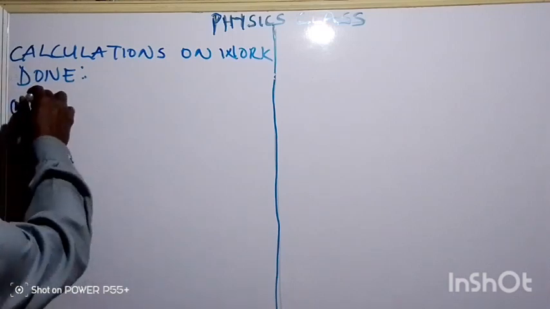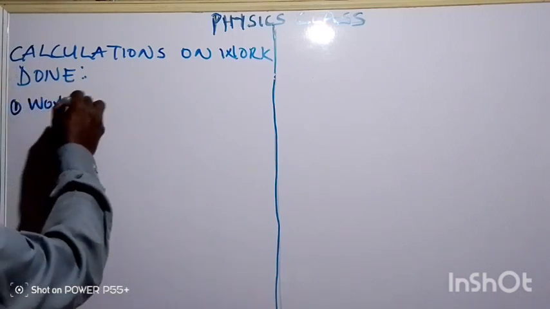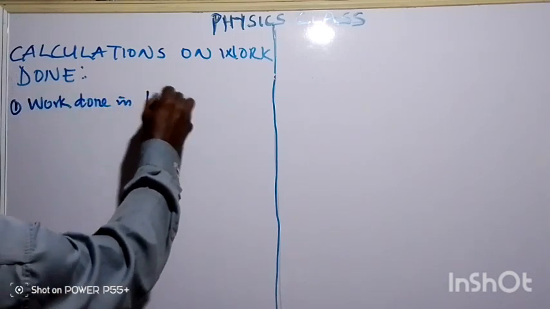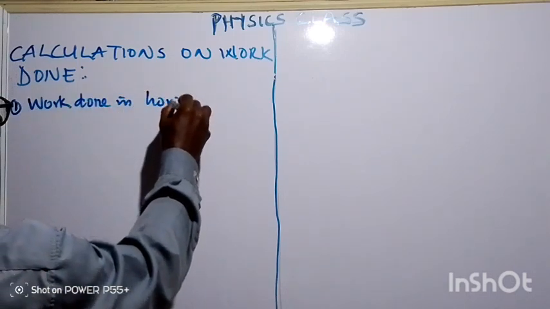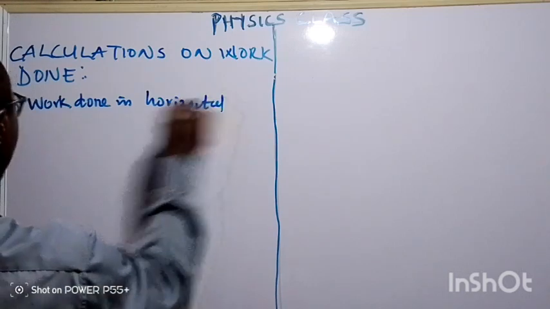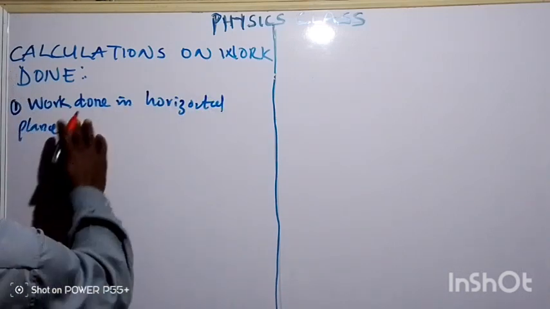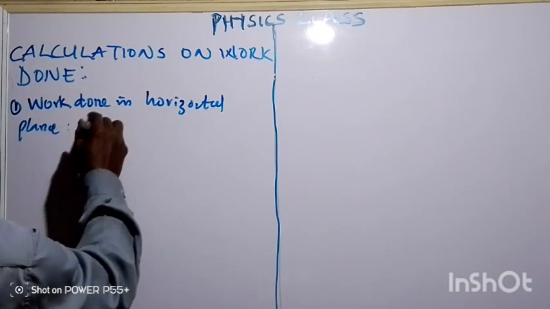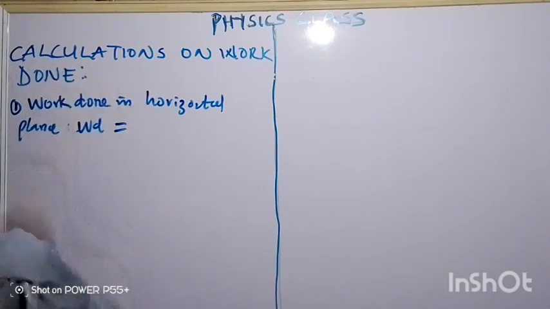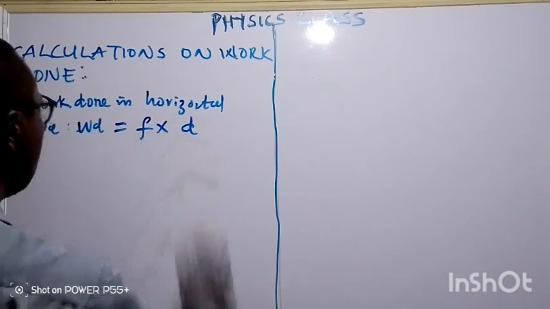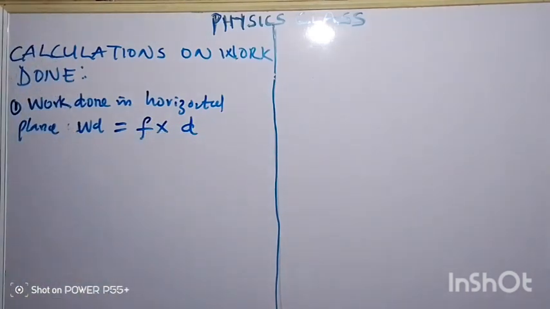Work done in a horizontal plane is equal to WD, which is equal to force multiplied by displacement. That is work done in a horizontal plane.